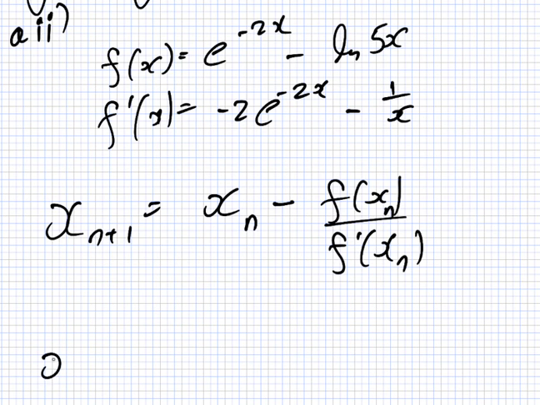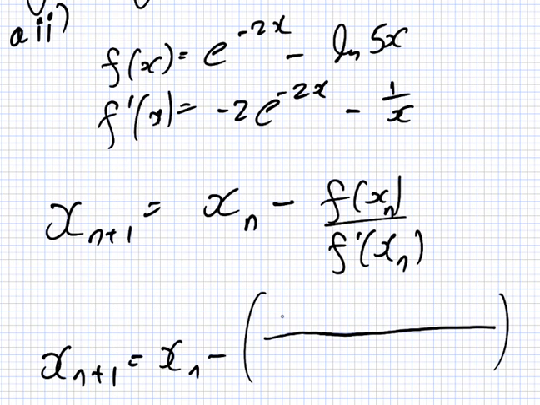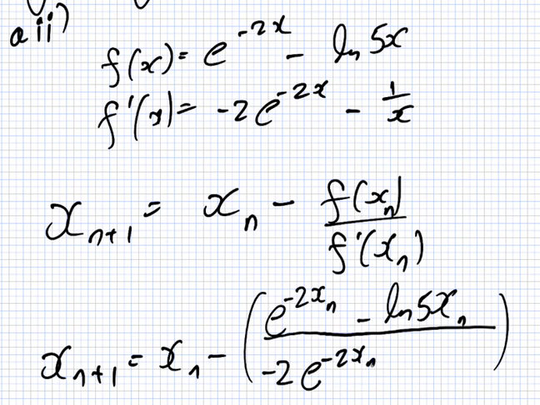In this case it will be x_(n+1) = x_n - (e^(-2x_n) - log 5x_n) / (-2e^(-2x_n) - 1/x_n).